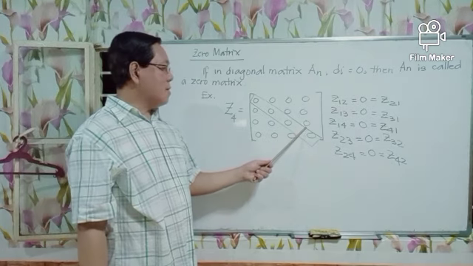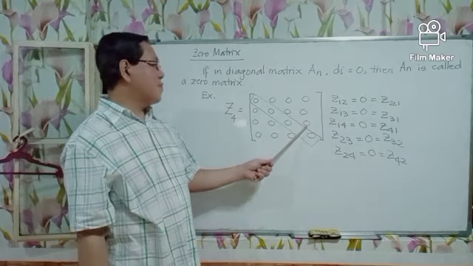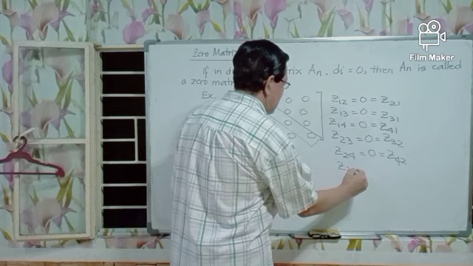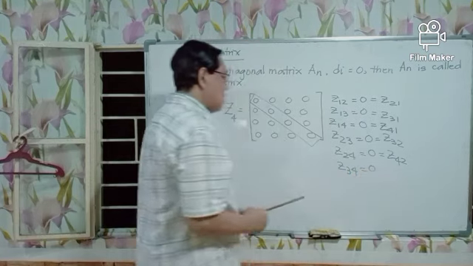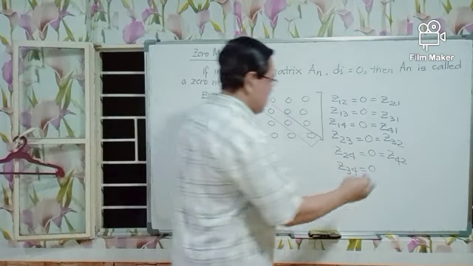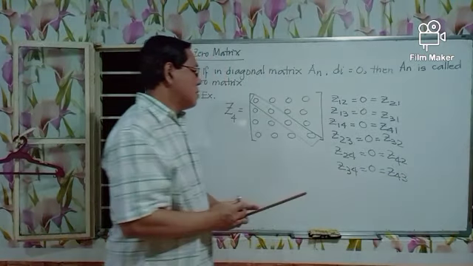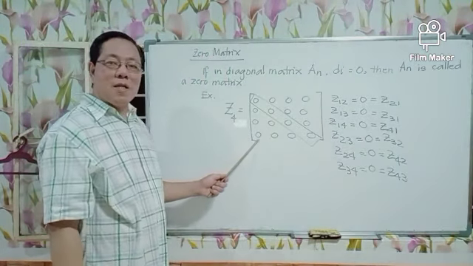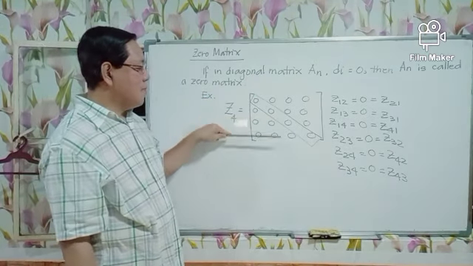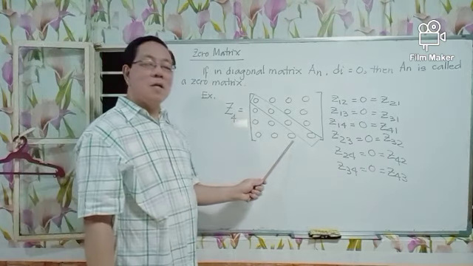And this entry, the entry in the third row and fourth column, Z sub 3,4, is the same as the entry Z sub 4,3. Z sub 4,3 is the entry in the fourth row and third column, 0.